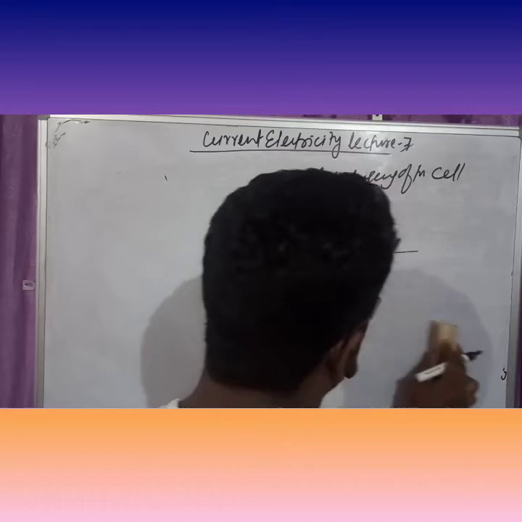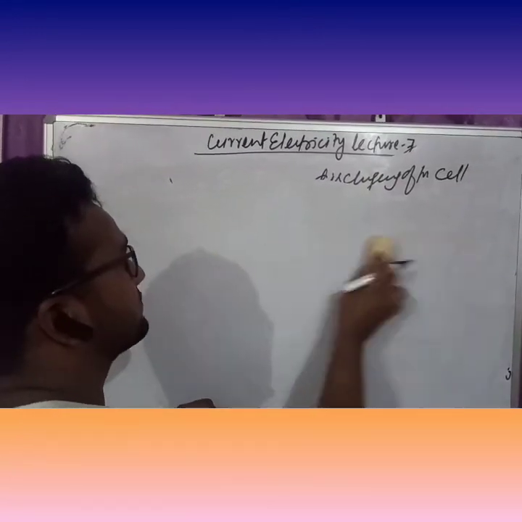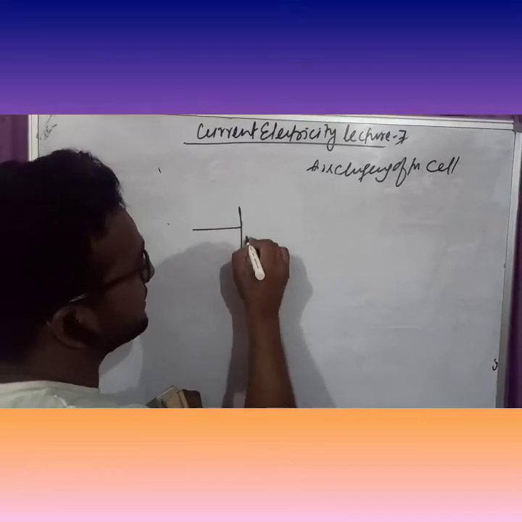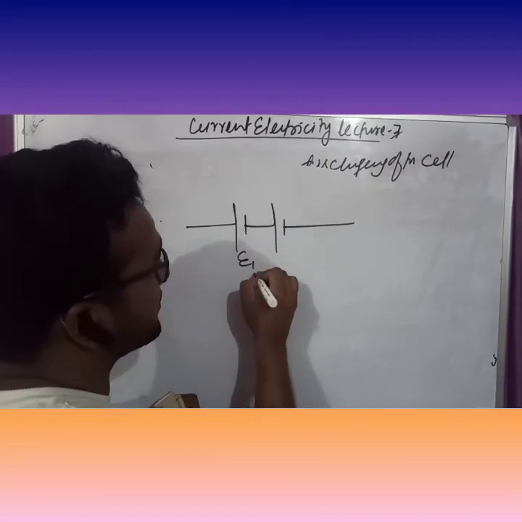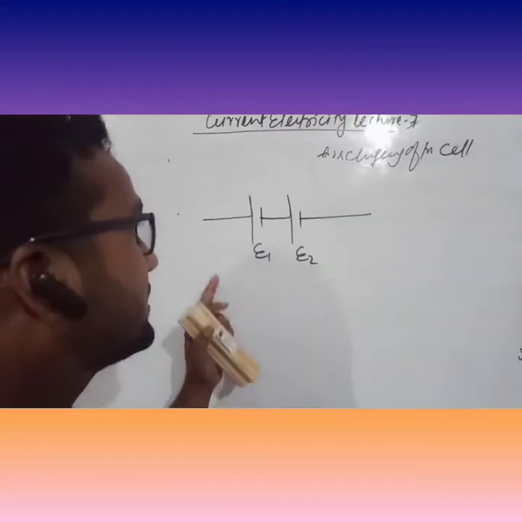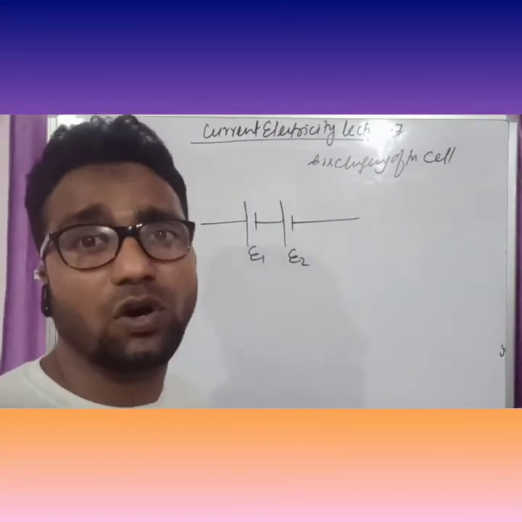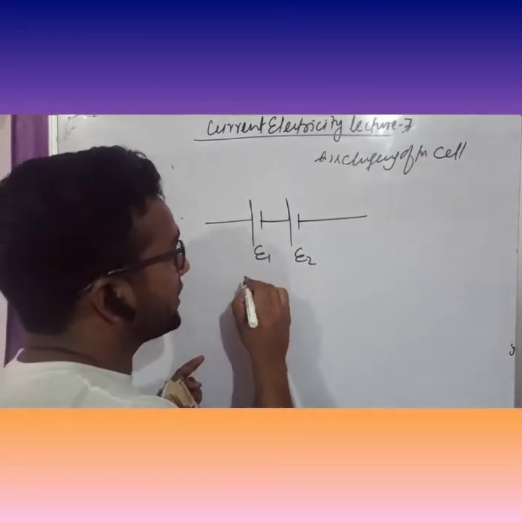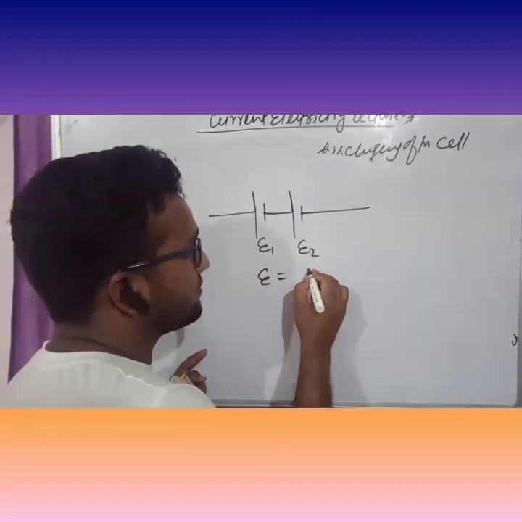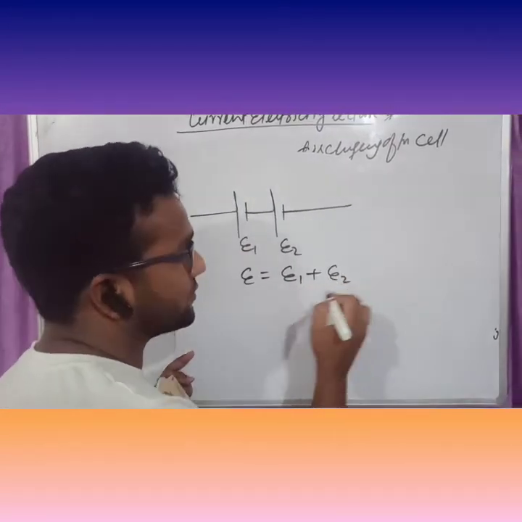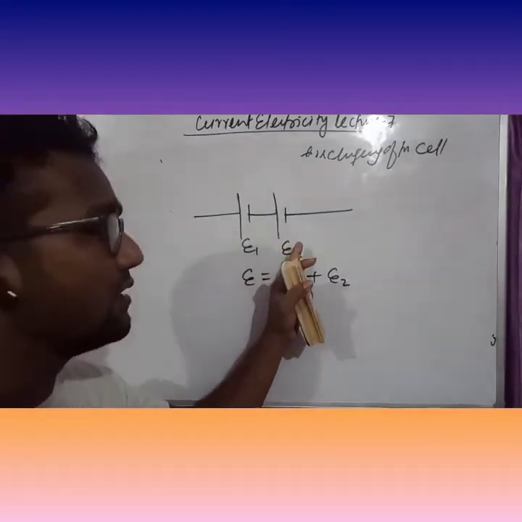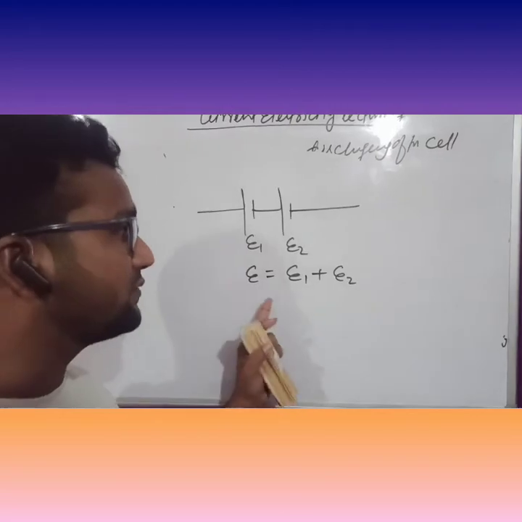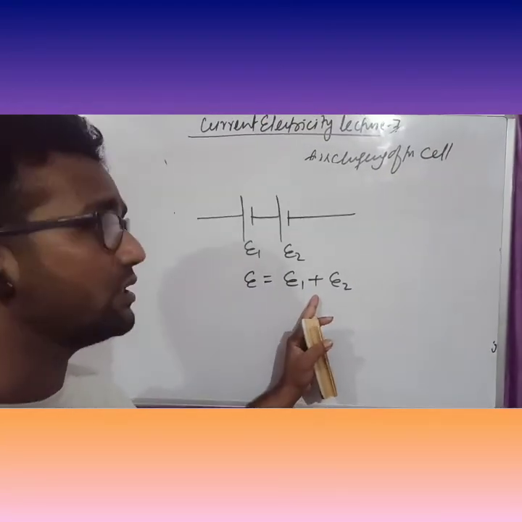Now also, when cells are connected in this way, of EMF E1 and E2, then these are connected in the same order. Then the effective EMF in this case will be simply E1 plus E2. You remember that if the cells are connected like this, then the effective EMF will be E1 plus E2.